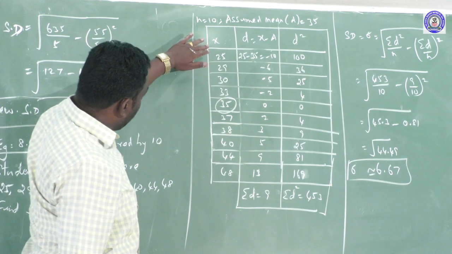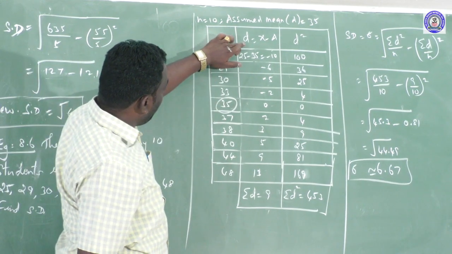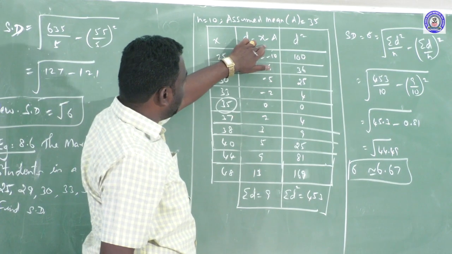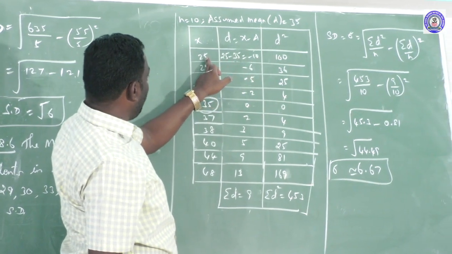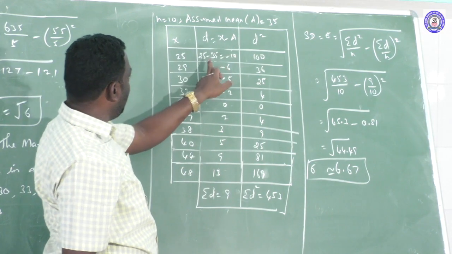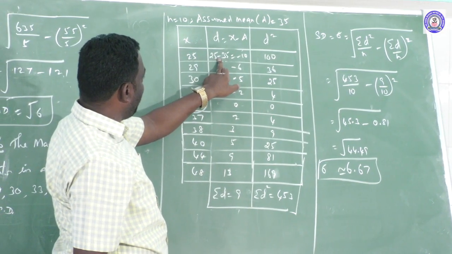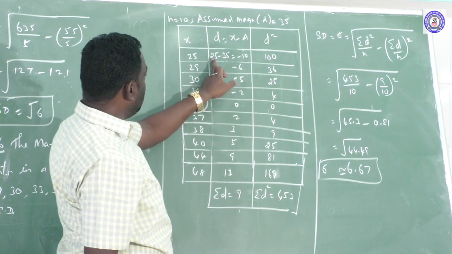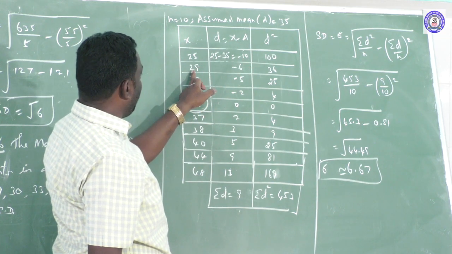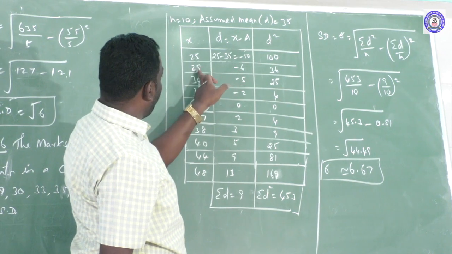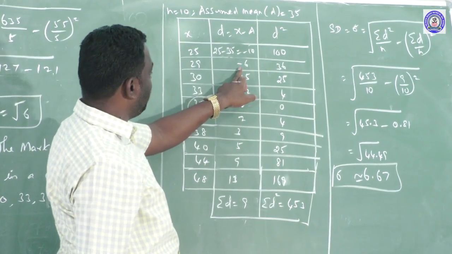Now find d, which is x minus a, where x is the given data and a is the assumed mean. For 25, d is 25 minus 35, which is minus 10. Then x value 29 minus the assumed mean 35 gives minus 6.